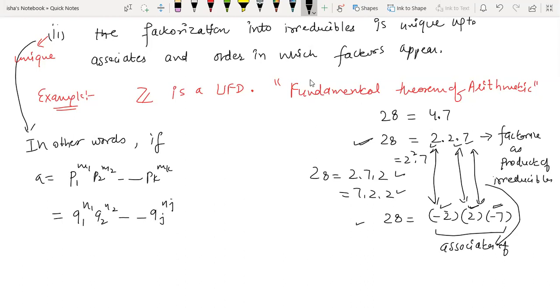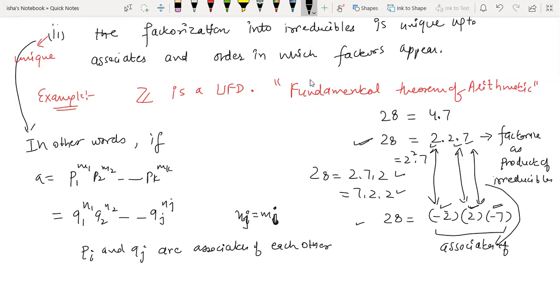So what do you mean by property number 2? That these pi's and qj's are associates of each other, right? And nj is same as mi.